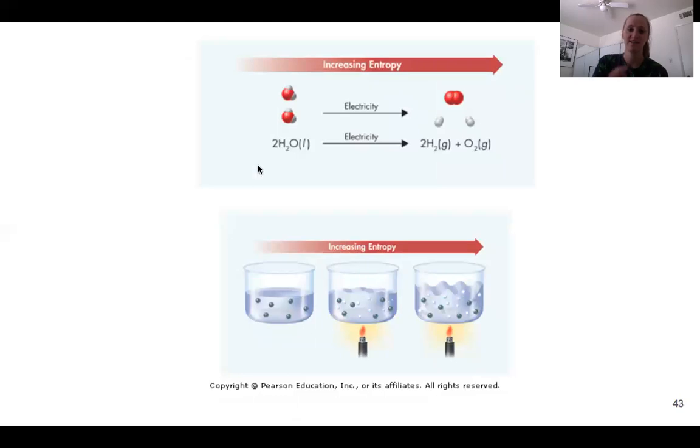Here's another one. This image shows decomposition. Here we have two water molecules, and when you put electricity into water, it breaks apart into hydrogen and oxygen molecules. When they were water molecules, they were nice and proper. They had low entropy.